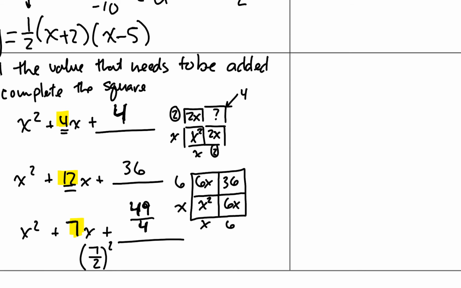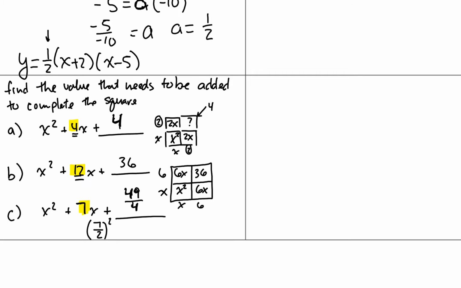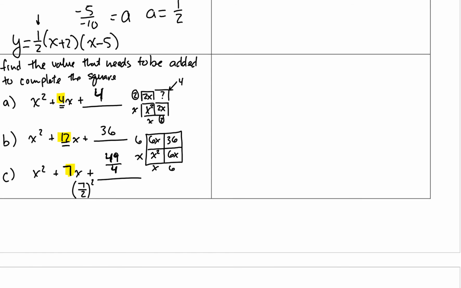Okay, so let me have you do 3 problems on your own over here. So we'll look at A, B, and C. Again, same directions. Find the value that needs to be added to complete this square.